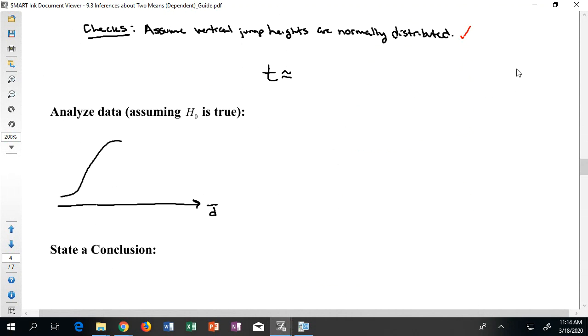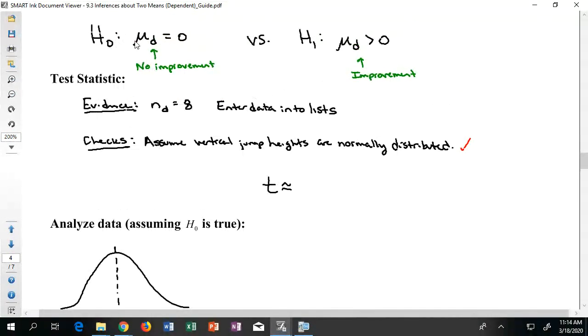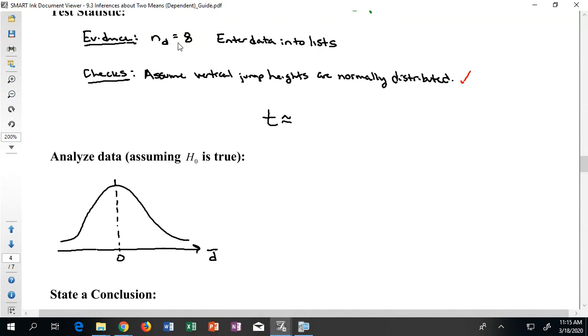So remember, right now we have different D bars, this average improvement. And what we've discovered is that right now, we believe H0, that we should expect to see an improvement of 0. But remember that the D bar that we got was 1.75. And so we're wondering if that seems to be a bit too high.